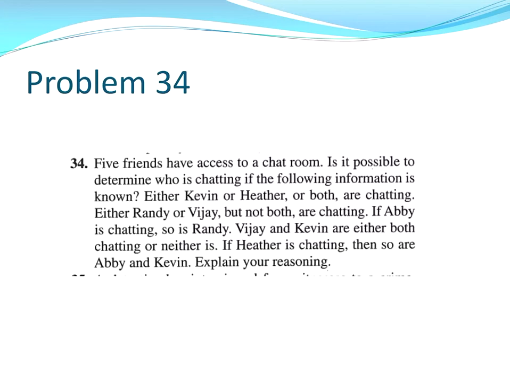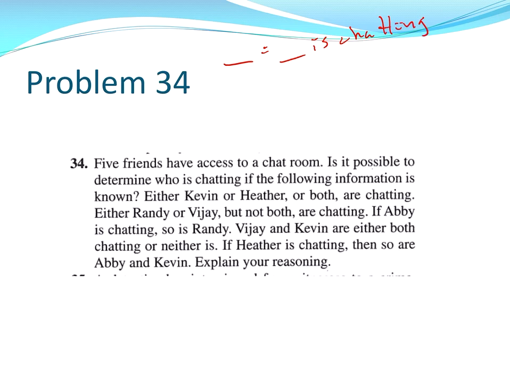Well, first let's talk about the atomic propositions. Since each of the names has a unique initial, we'll use that initial as the atomic proposition for whether that person is chatting or not. So we'll say that blank is equal to blank is chatting. That's what it'll stand for.